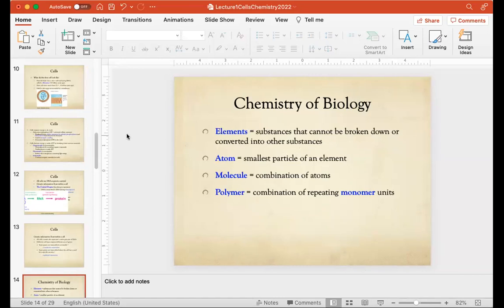We're going to switch gears now. We're going to leave the topic of cell structure and cell function for the rest of this lecture, and we're going to talk instead a little bit about biochemistry. We're going to do a little bit of a review of biochemistry. Now, whenever I say that to students, sometimes I see them grimace a little bit.